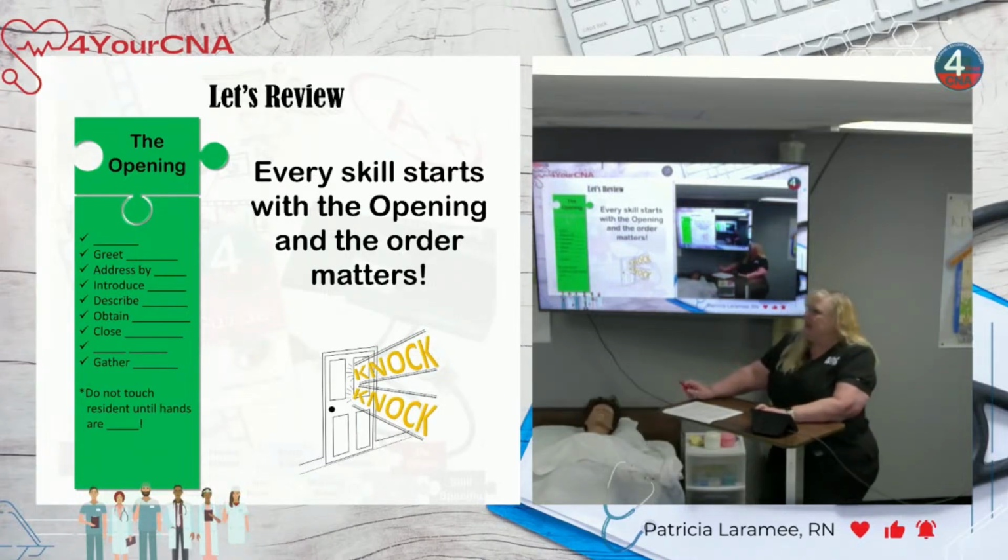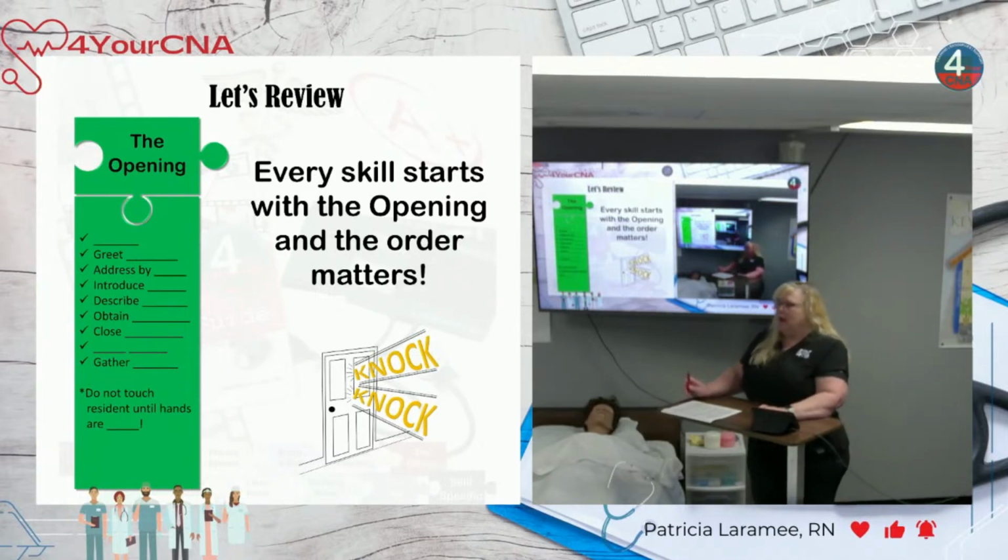All right. Once they know our name and title, what else do we need to tell them? Why are we there? What skill are we there to do? And then we have to get something from them. What do we need? Permission. Yeah. Consent, permission. Absolutely. Don't touch somebody without their permission. After we get all that done, we can close the curtain and then go wash our hands.